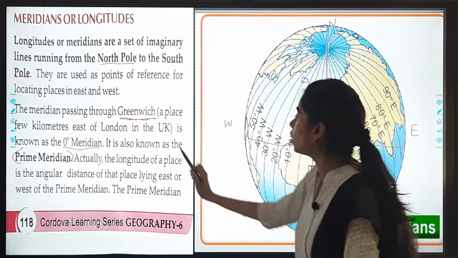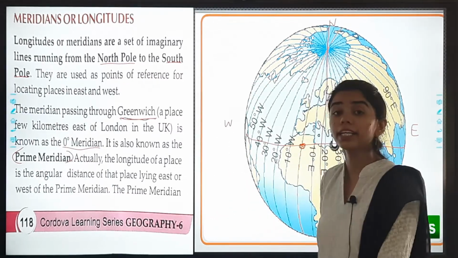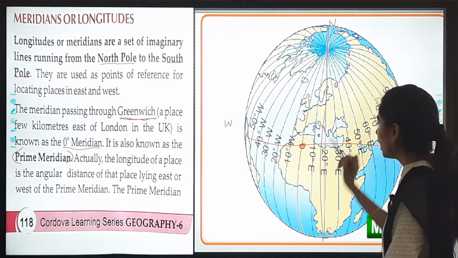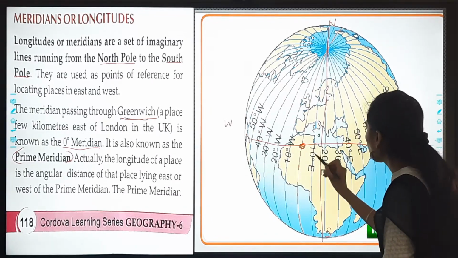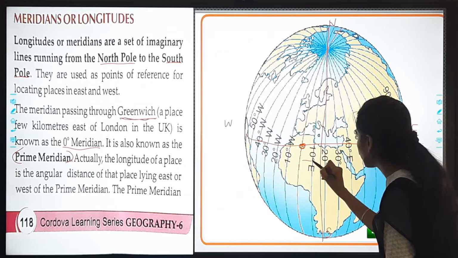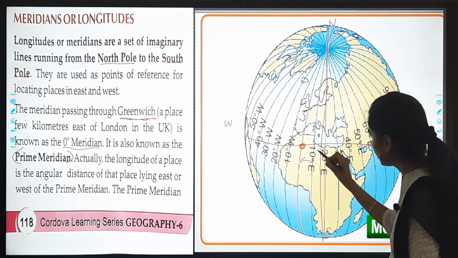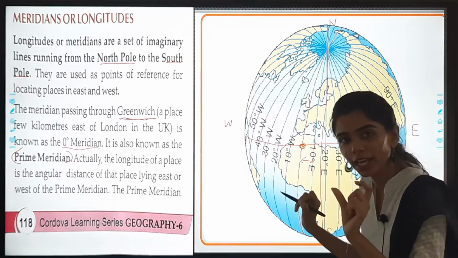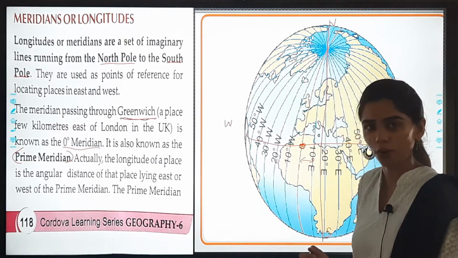Now what they have said, the longitude is the angular distance of that place lying east or west of the prime meridian. For the places that are in the east or west, the distance between them, this is our prime meridian, this is our east. So the distance between these two, we call longitude. That is our longitude.